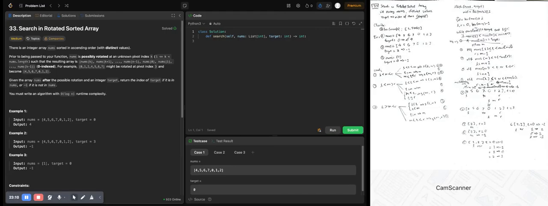Okay, there is an important step here. If the nums of mid is target, return n because we have found the solution.